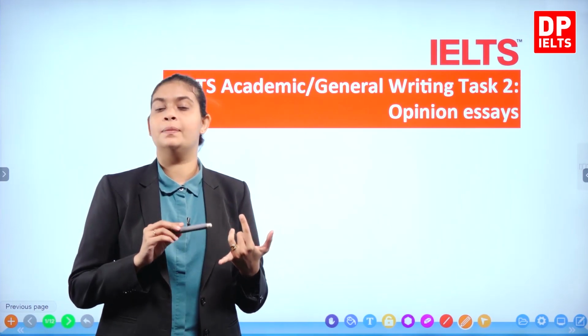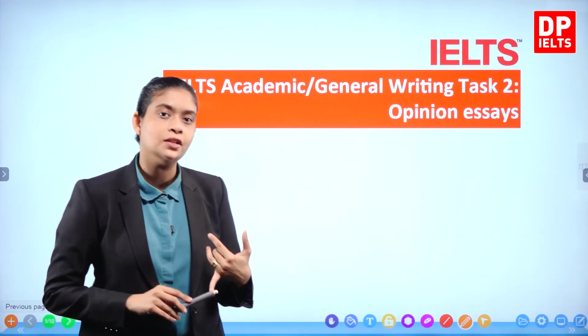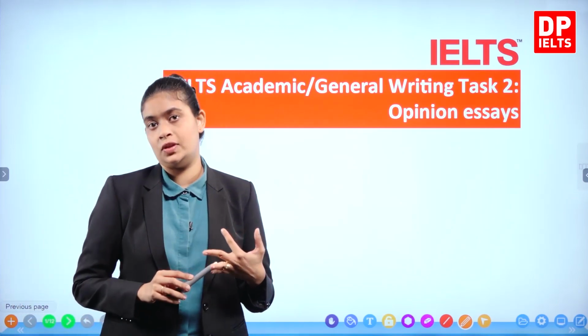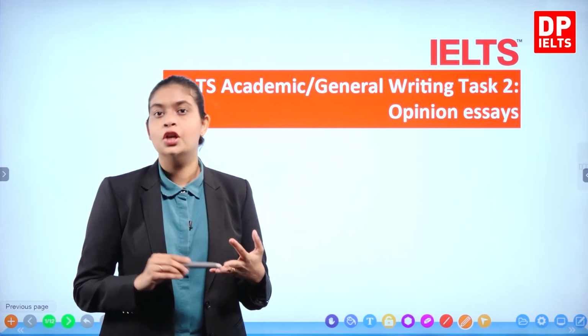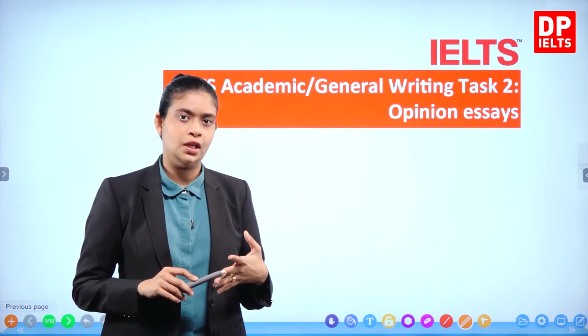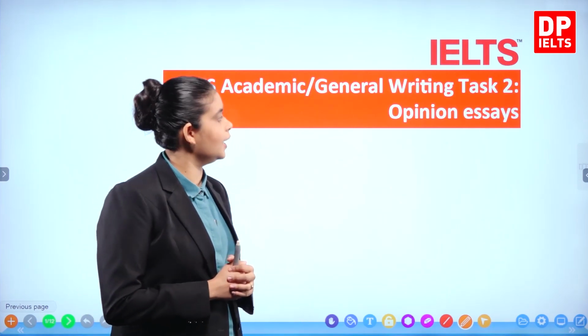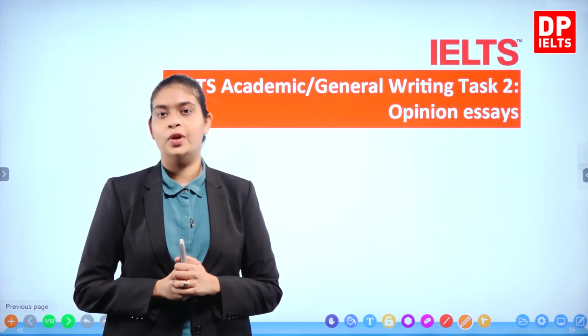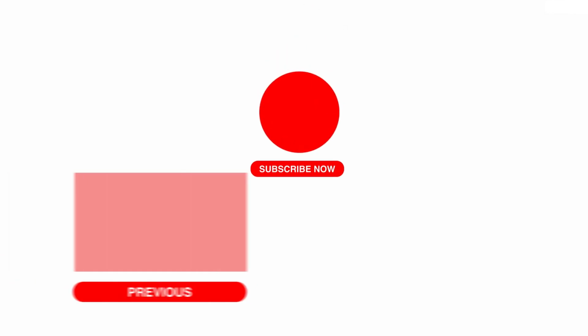So you have the main type, which is opinion or argumentative style. And under that you could get different types of questions. Do you agree? Do you agree or disagree? To what extent do you agree? What is your opinion? So with that we come to the end of the lesson, in which we were talking about opinion essays.